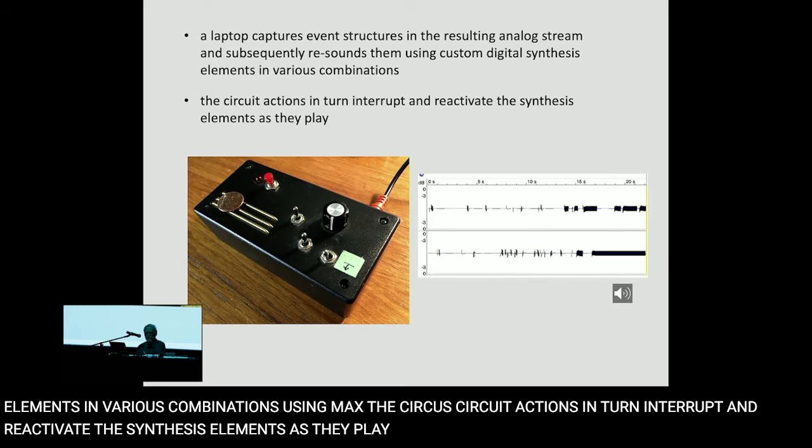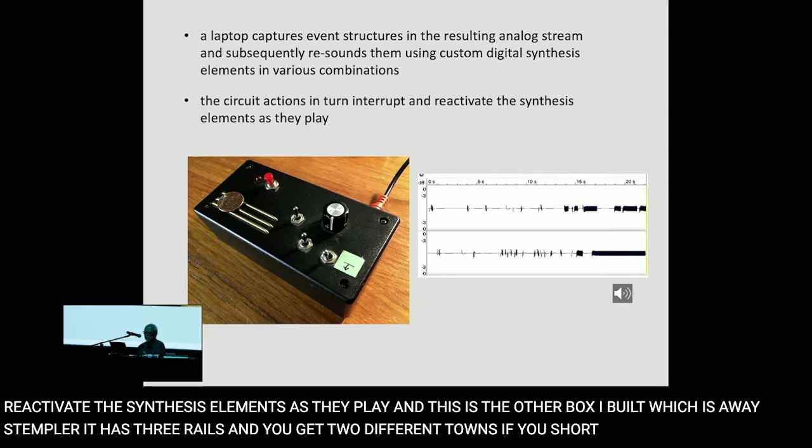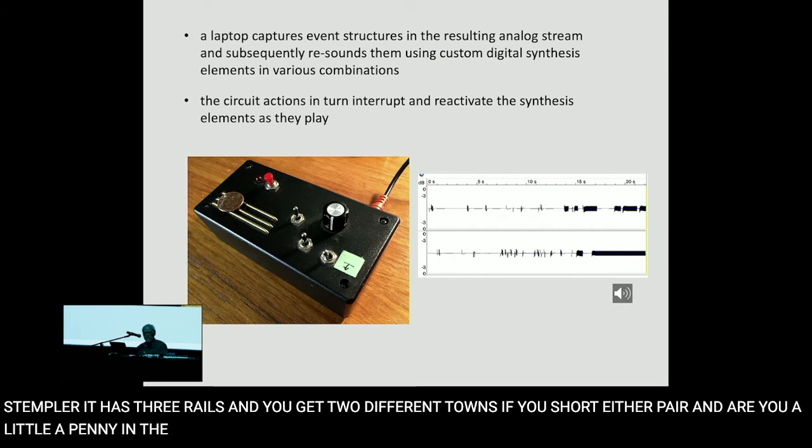And this is the other box I built, which is in a way simpler. It has 3 rails, and you get 2 different tones if you short either pair, and I use a penny in this case up on its edge, and this one sounds like this.